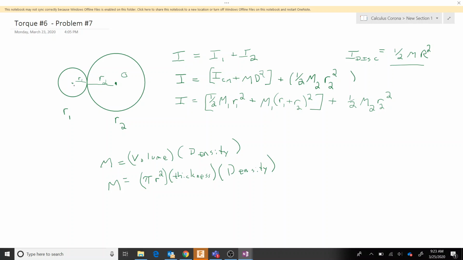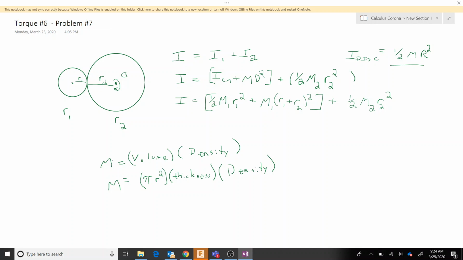The moment of inertia of disk 1 is more complicated because it's rotating around the big disk's center, so I'm using the parallel axis theorem. I use the moment of inertia around the center of mass and add a term with the mass, where d is the distance between the center of my object and the actual axis I'm rotating around.